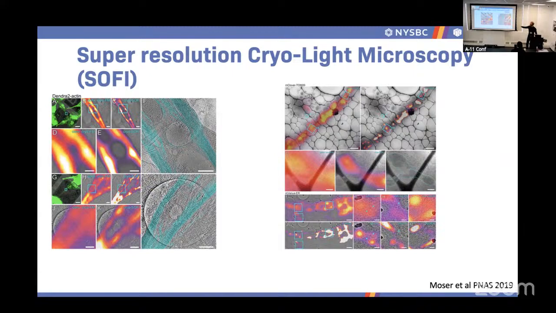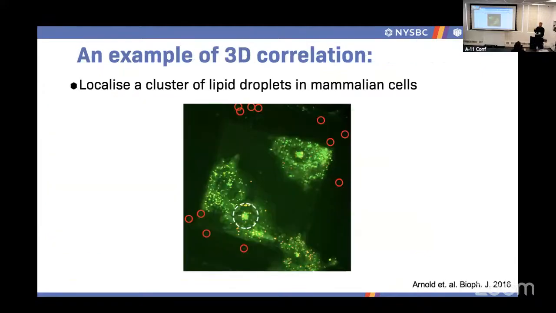Generally speaking, super res is cool, nice. It's only useful if you're trying to understand whether something is a bundle or not, within a structure. Otherwise, it's not particularly useful for us, because we're going to go at much higher resolution later on. We just want to know if the structure of interest is located where you're imaging.